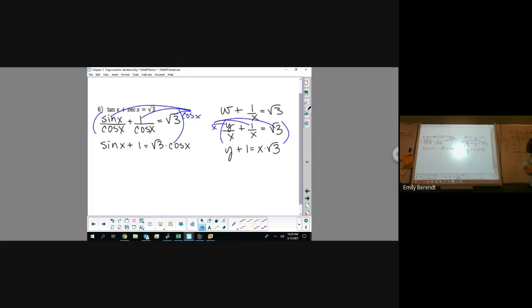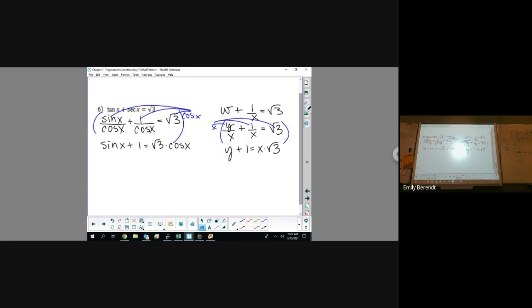Okay, this next step, I'm not sure if you've had to do this before. How many trig words do we have? 2. And we would like it to have, like, what's easier to factor with? If you have 1 trig word, right?